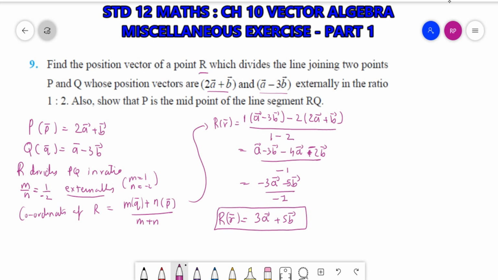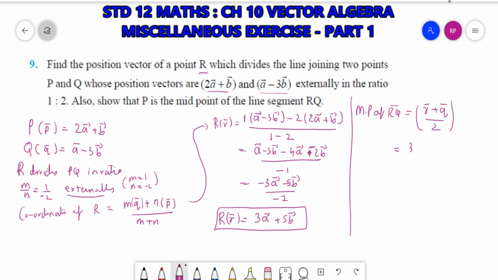Okay, now you have to show that P is the midpoint of line segment RQ. So let's find the midpoint of RQ. That will be (R plus Q) by 2 because it is a midpoint.